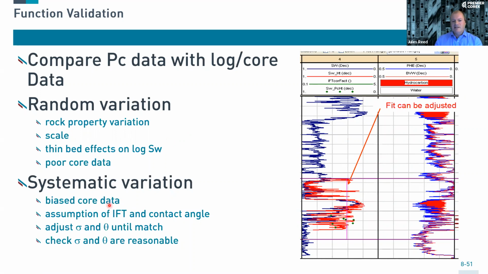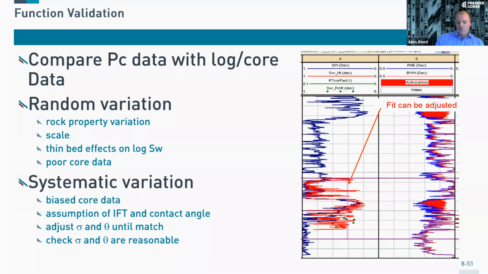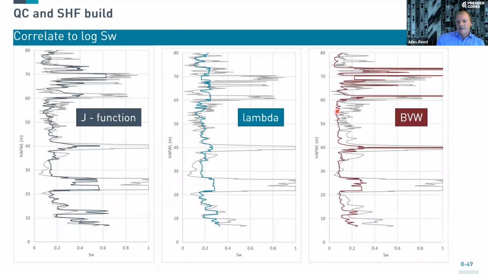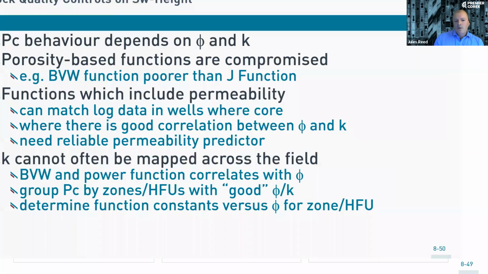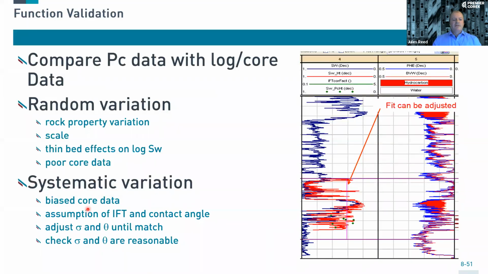Or if there's a systematic difference, like in the bulk volume of water in this case, where it's always too low, either it's the wrong model and we need to use a different model, or there's some other uncertainty, say IFT or my free water level is incorrect, so we begin to question other properties.